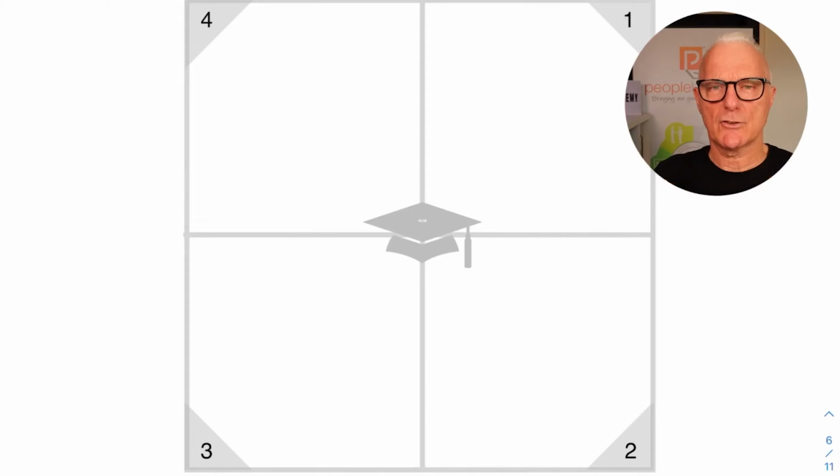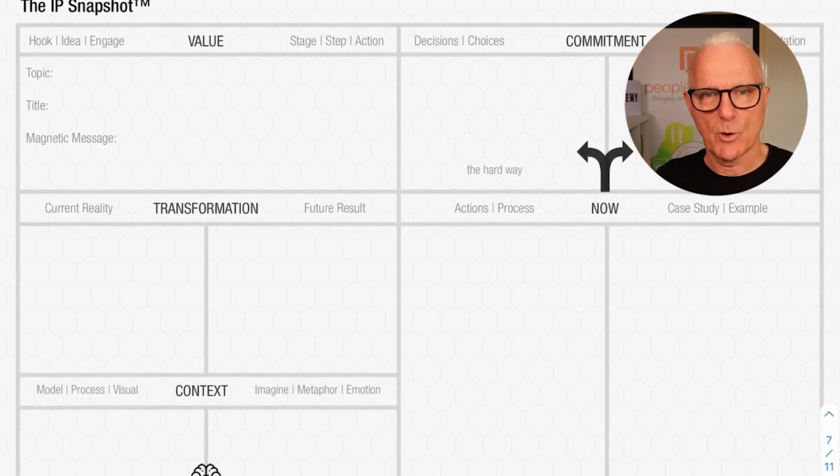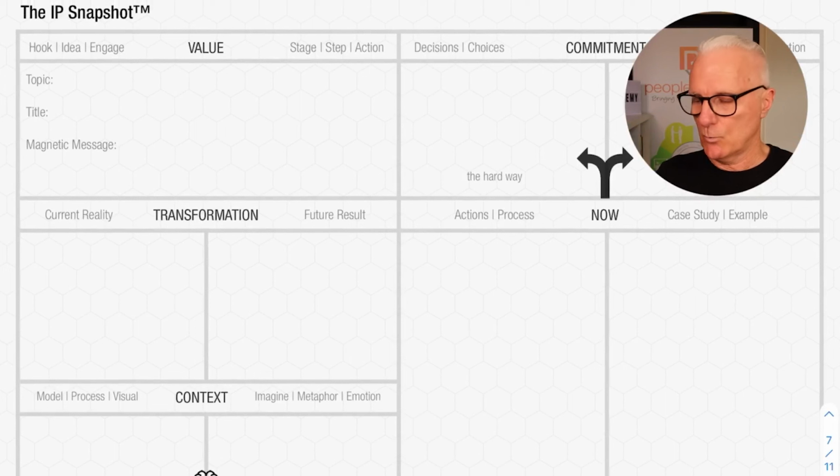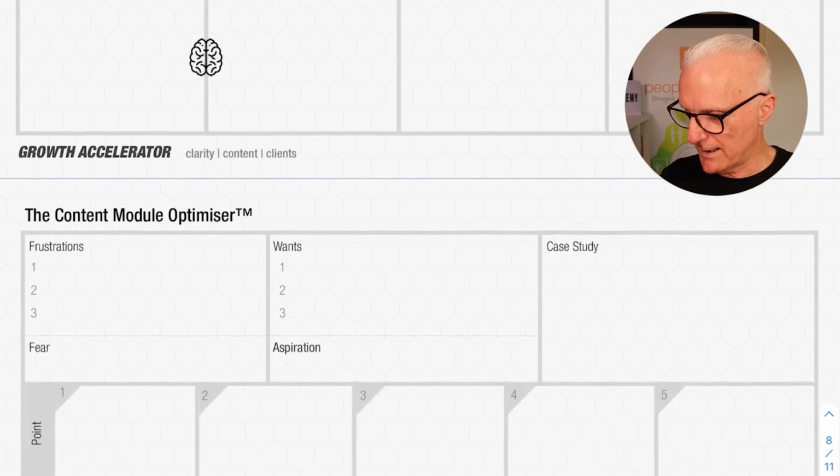So big emphasis on why, showing them the steps and what the information is, giving them a chance to experience a little bit of the how, not the whole story, and then telling them how they can get the next part of the picture. Then in the workbook too, there's the IP snapshot, where every little bit of content that I create, I make sure that I do a snapshot in this format so that I've got a clear picture that I'm delivering it in a way that they're going to be able to assimilate it.